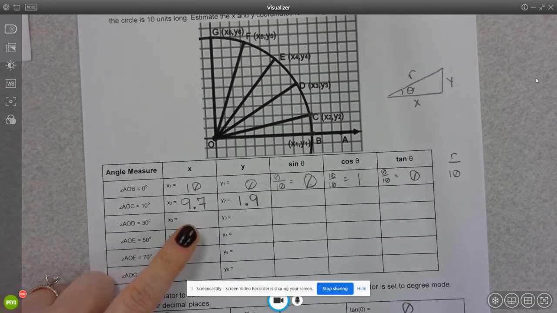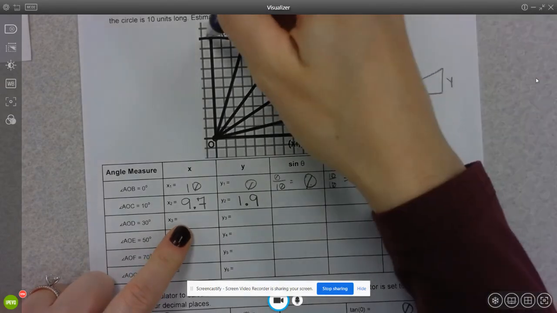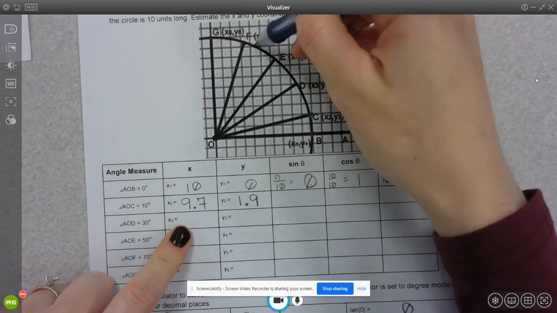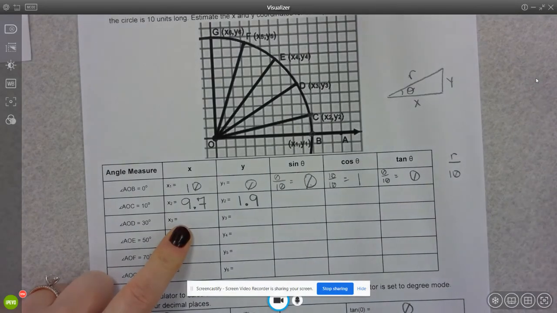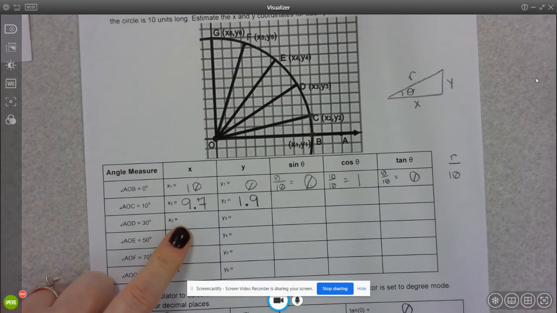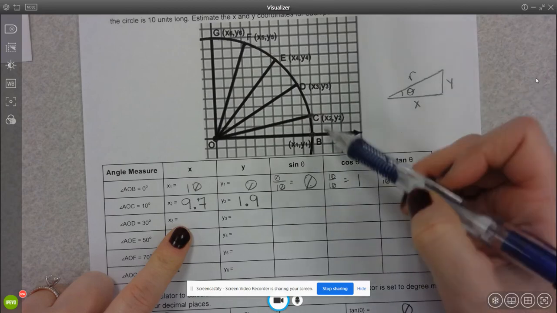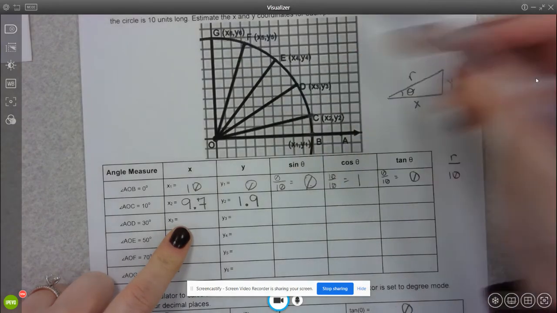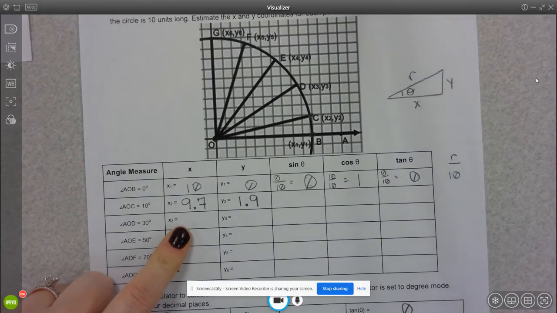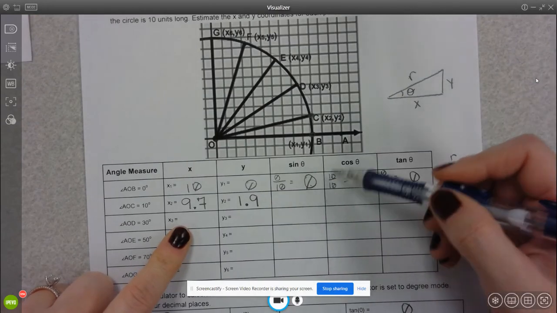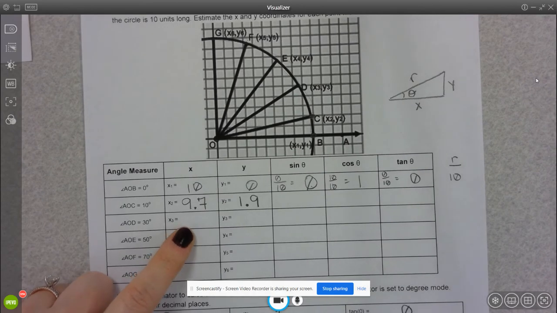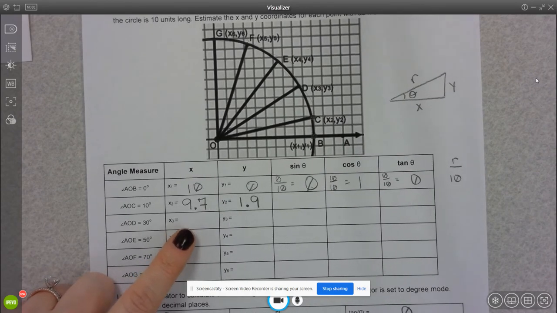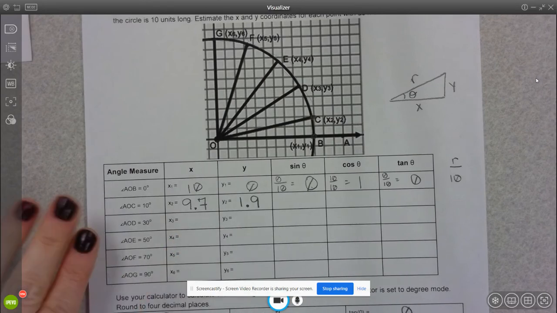Now, big brain moment. This thing that's happening here is part of a circle. Since all of these points lie on the circle, guess what R is for every single one? It's 10. Because R is the radius. So anytime I'm doing a proportion with R, it's going to deal with 10.